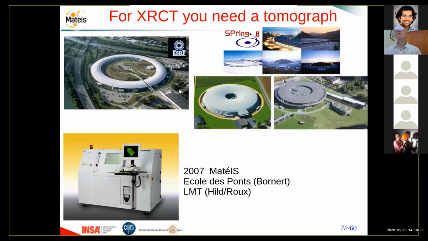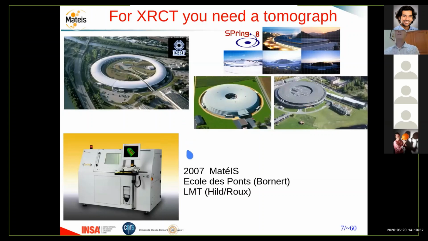So now if you want to implement this method, what you need is what we call a tomograph. For X-ray computed tomography, you need a tomograph. So on this slide, you have two different types of tomograph. You have the synchrotron tomographs. You recognize maybe here Grenoble, Switzerland, Soleil in Paris, and the Japanese synchrotron.